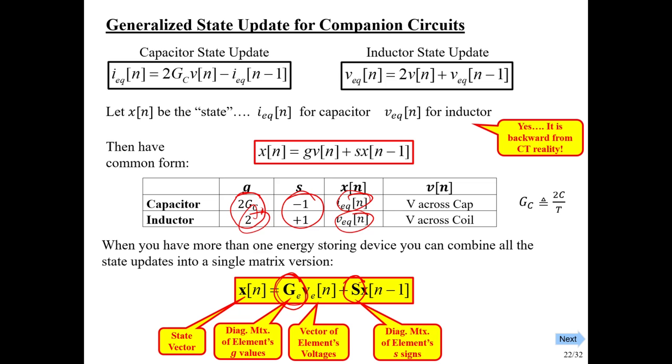So you should be able to convince yourself that with this diagonal structure, everything works right. And we'll have to stack in the correct voltages, either voltage across the cap or voltage across the coil. So now we have a nice full structure, one matrix form to handle all of our state updates for our companion circuits. And that's really, really nice.